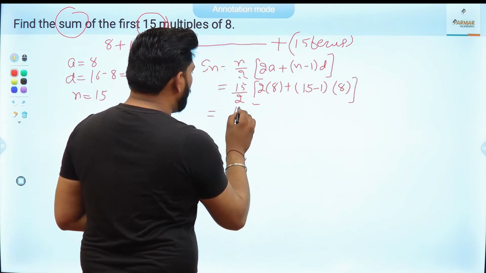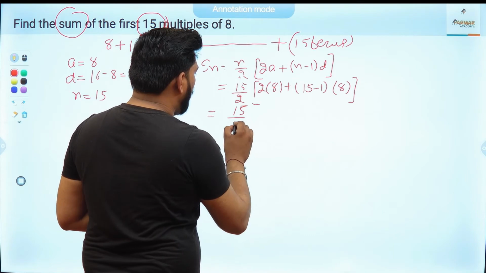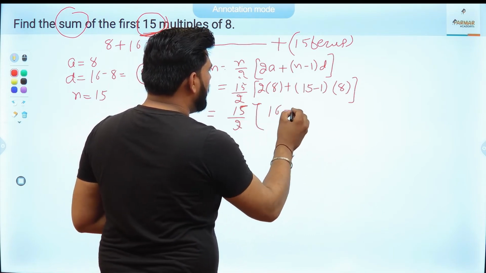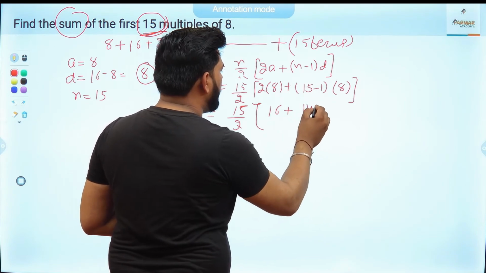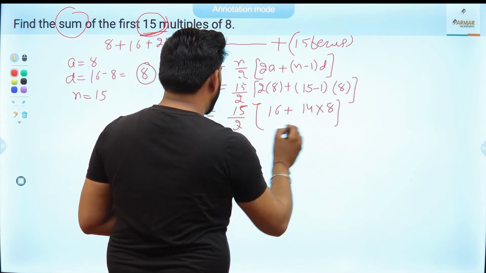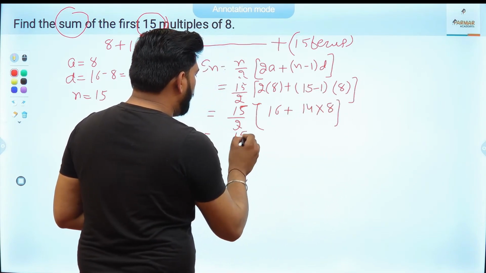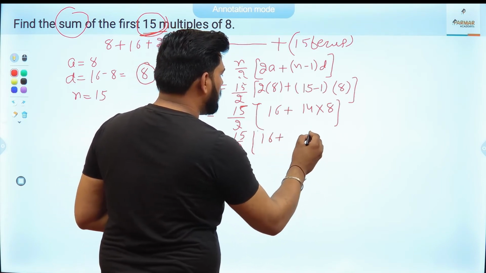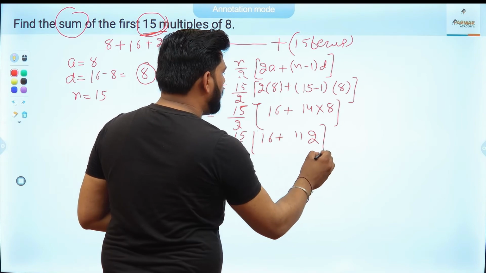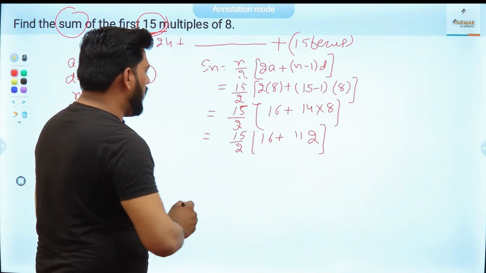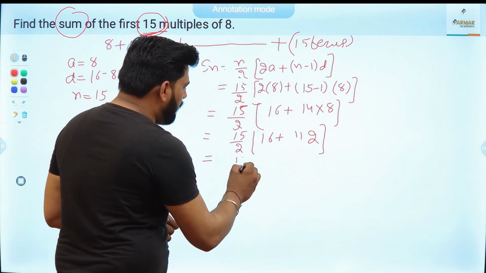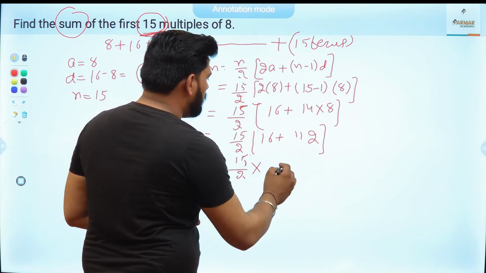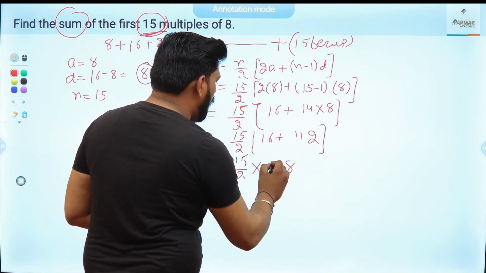that is equal to 15 upon 2, 2 8s are 16, 15 minus 1 is 14 into 8. That is equal to 15 upon 2, 16 plus 14 8s are 112. That is equal to 15 upon 2 into 128.